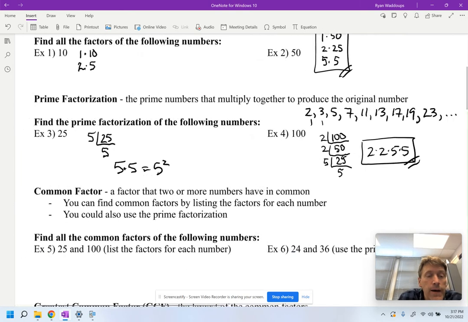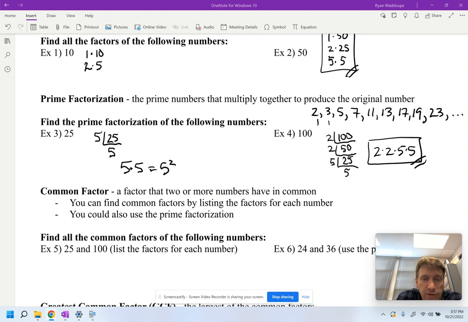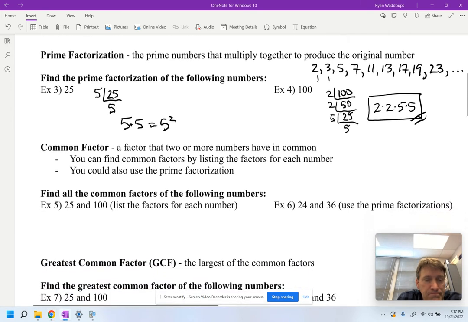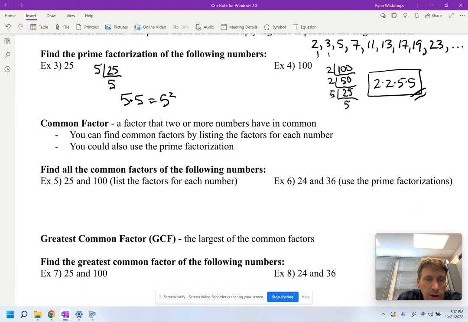All right. Common factor. A factor that 2 or more numbers have in common. You can find common factors by listing the factors for each number. You can also use the prime factorization. So find all the common factors of the following numbers, 25 and 100.